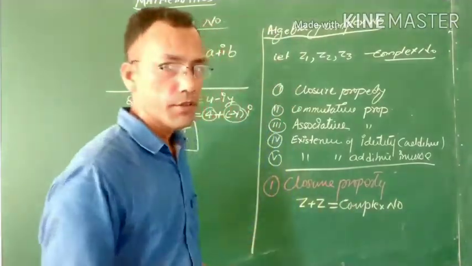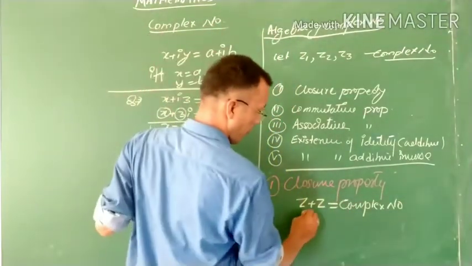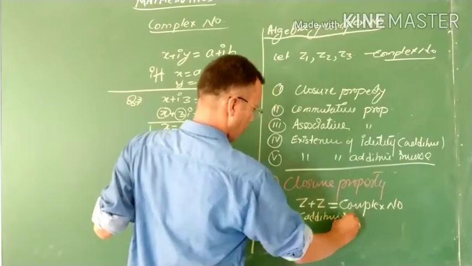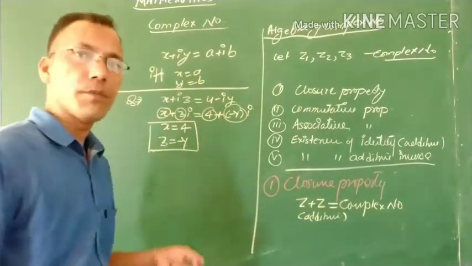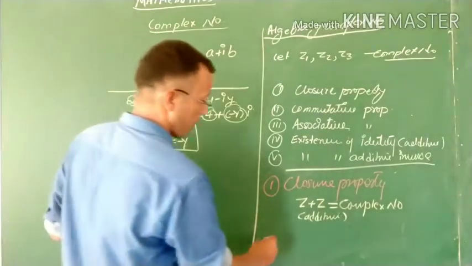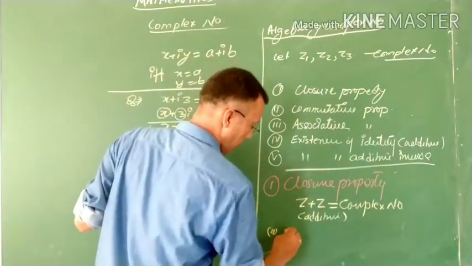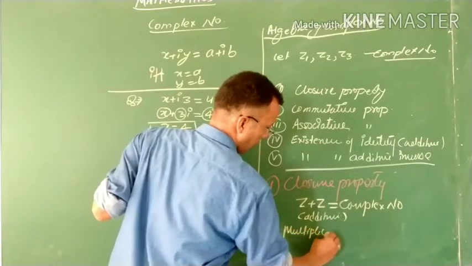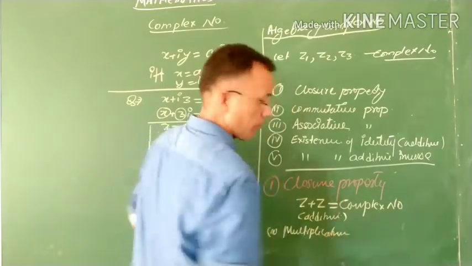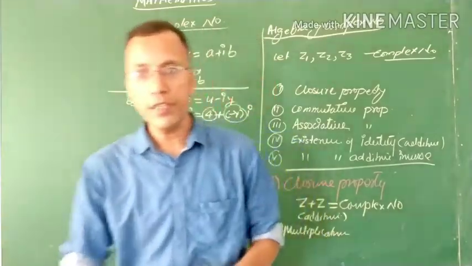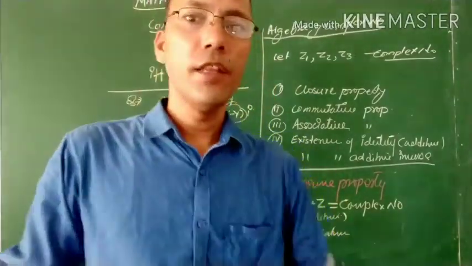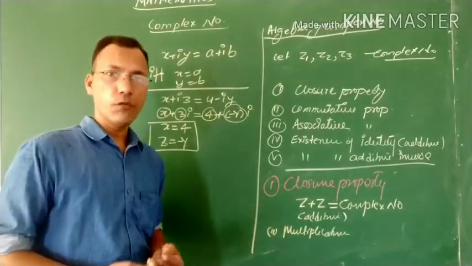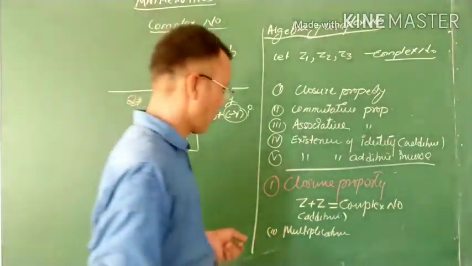I am writing both for addition and multiplication, not wasting much time. This is for addition, and the second part is for multiplication. Closure property for multiplication means if an integer is multiplied to an integer, we get an integer.